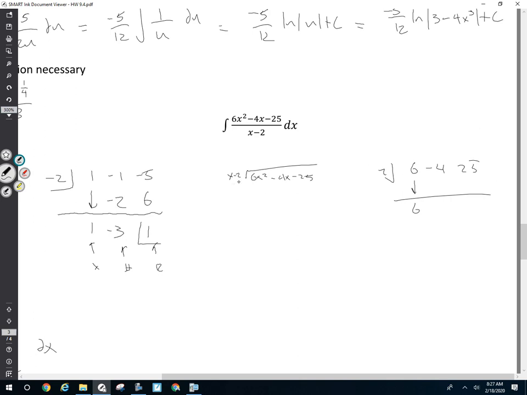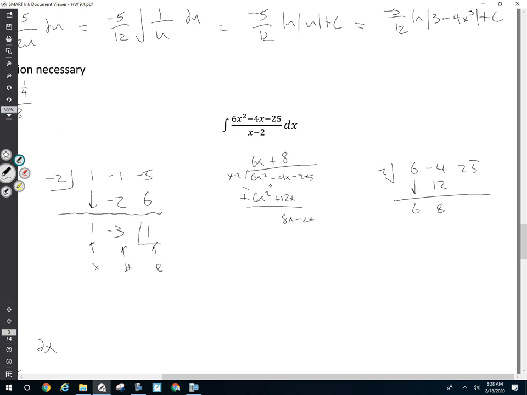Well, x minus 2 going into 6x squared, I need a 6x. This is 6x squared. This would be minus 12x. Subtracting those is the same as adding the opposite. Adding the opposite, this ends up being 8x's. Well, 2 times 6, 12. There's my 12. 12 plus negative 4, that ends up being 8. Bring down the 25. I'll need an 8.